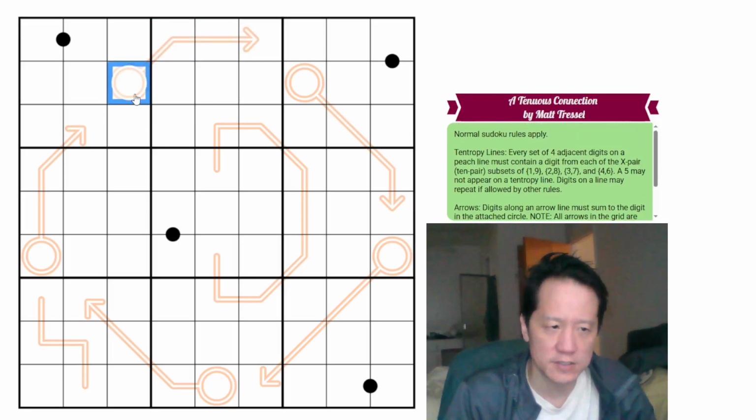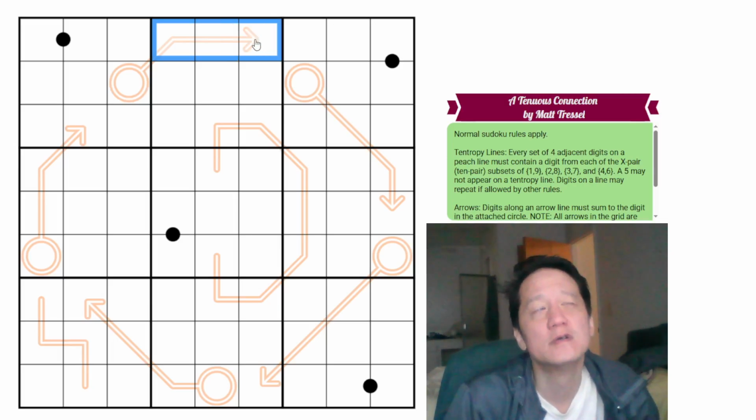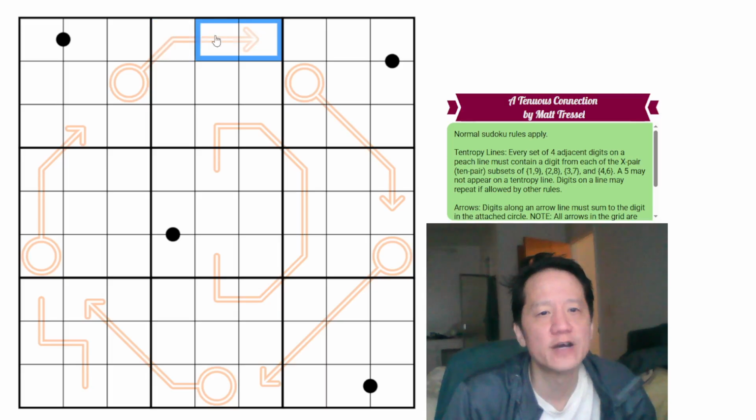If it's 8, it cannot be 1, 2, 5 because you can't have a 5 on it. But if you have 8, you could have 1, 3, and 4 add up to it. And that would work: 1 is from 1, 9, 8 is from 2, 8, 3 is from 3, 7, and 4 is from 4, 6. So therefore, that would satisfy it.